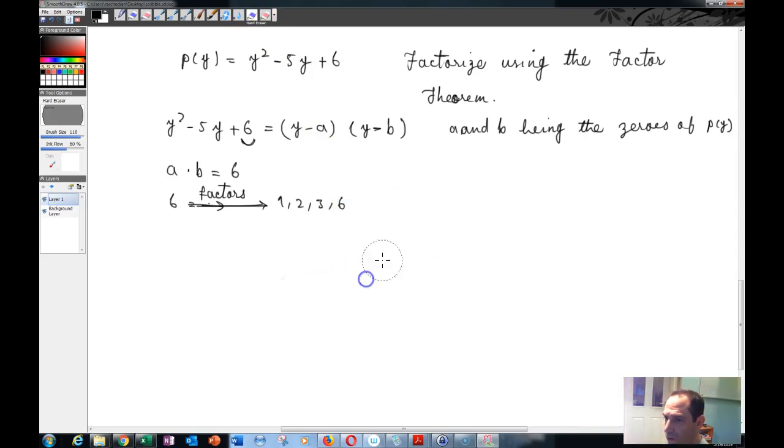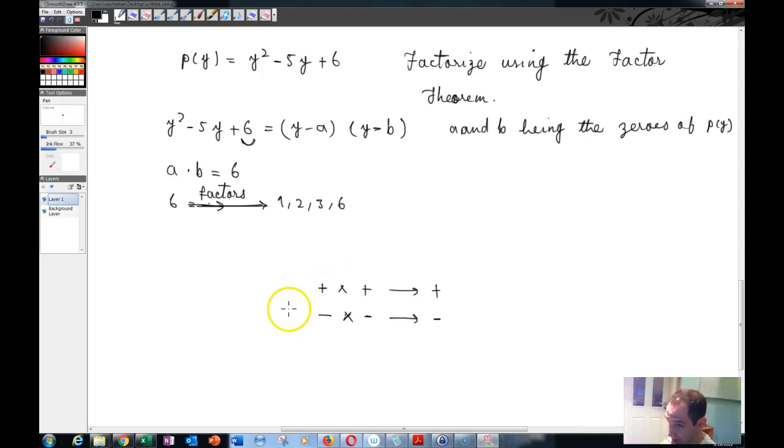Now you need to check each of these factors. Since the product of the zeros is positive, you can have a positive number times a positive number, which gives a positive number, and a negative number times a negative number, which also gives a positive number.